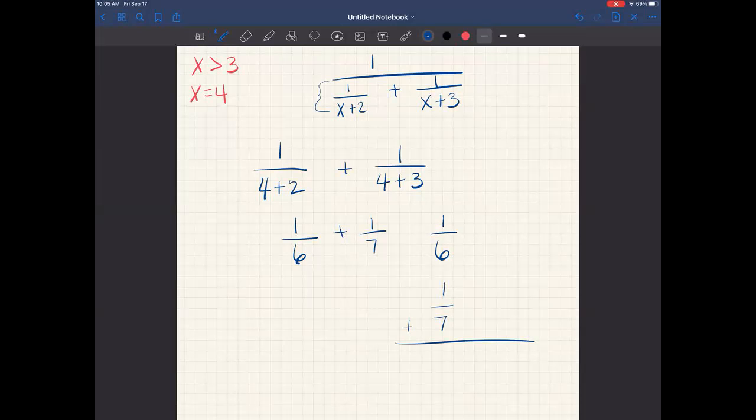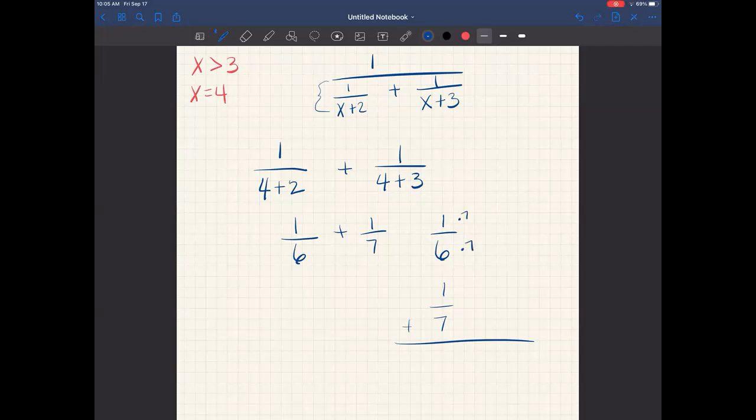Now, 6 and 7, we can agree, don't have very much in common, correct? Can we think off the top of our head of a value without multiplying 6 times 7? Can we think of a number that they both go into? No. So we have to do 6 times 7.